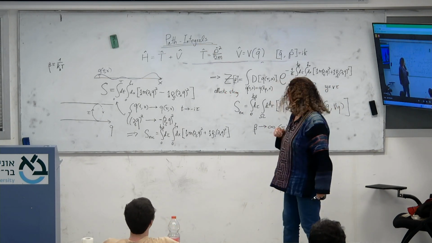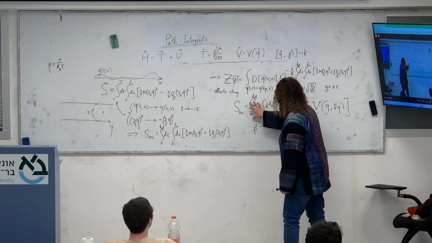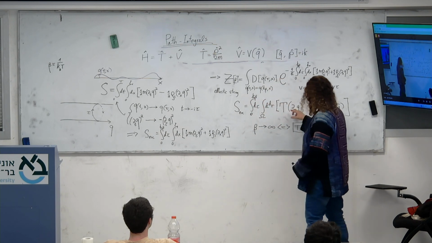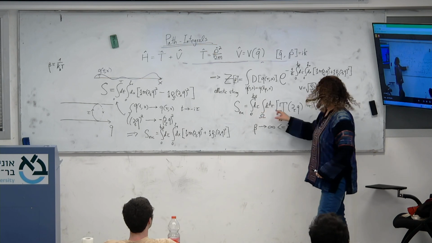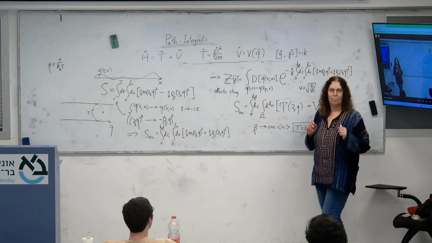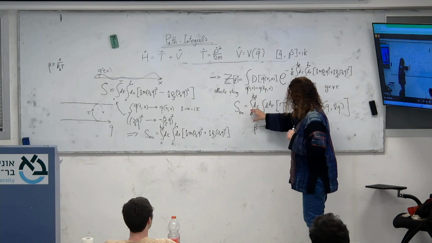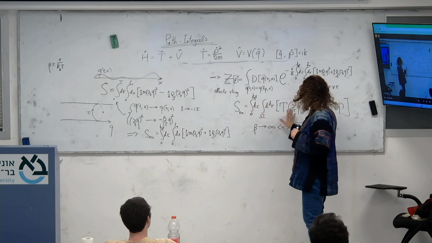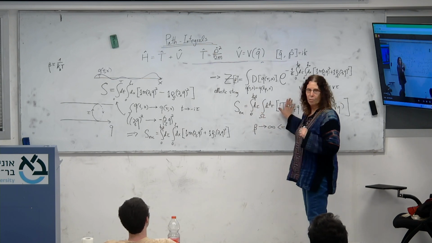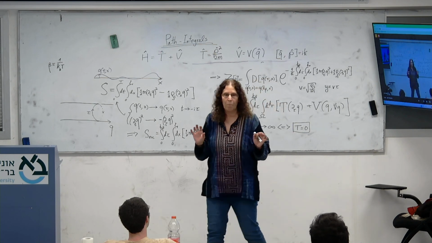At high temperature, because tau is very short and Q hardly changes, this integration will just give you a factor of h bar beta, right? And the first term will vanish. Okay, so the dynamics will not play much role at high temperature.